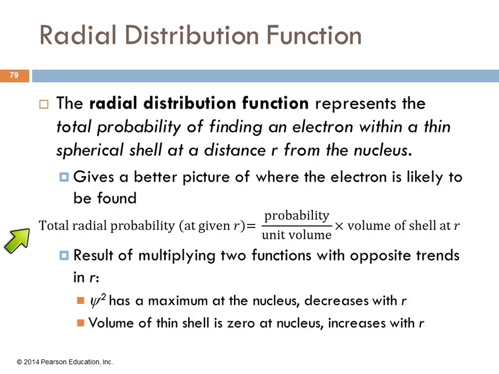So the total radial probability at some distance from the nucleus, r, is equal to the probability per unit volume times the volume of the shell at that distance. When you multiply these two functions together, you've got opposite trends in r. Psi squared has a maximum at the nucleus and decreases as r increases.